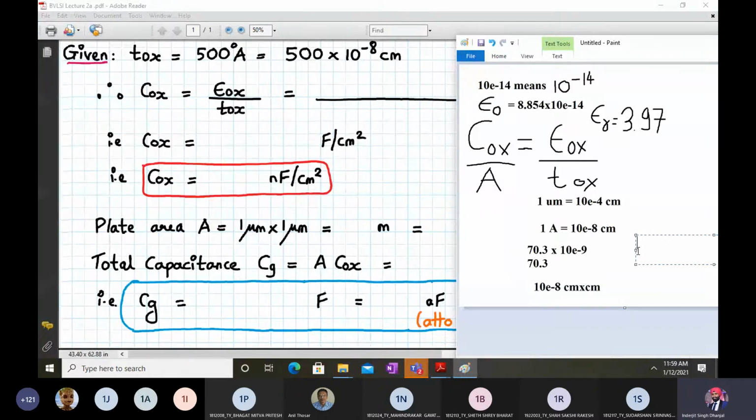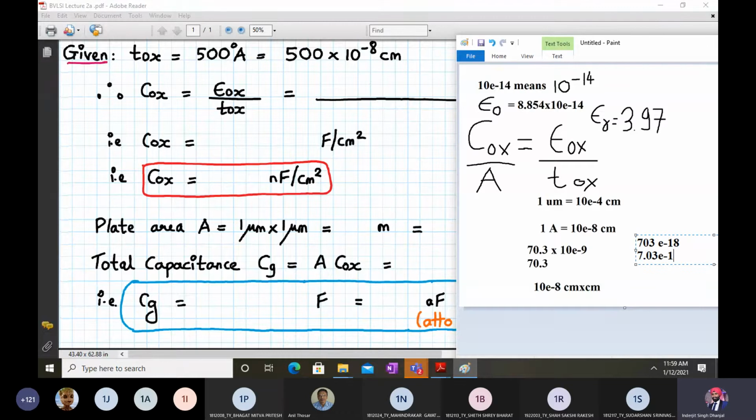I'll wait for 5 seconds more. Yes, all of you are giving correct answers. So the number is 703 e raised to minus 18. Some of you are getting 7.03 e minus 16. That is also correct.